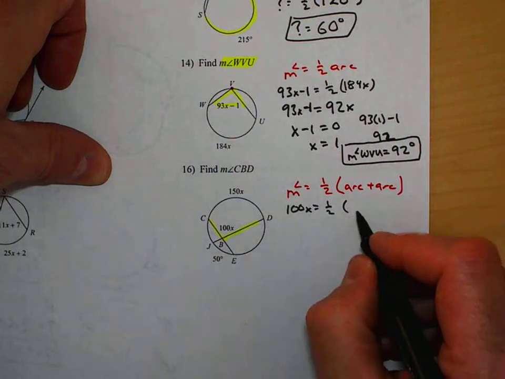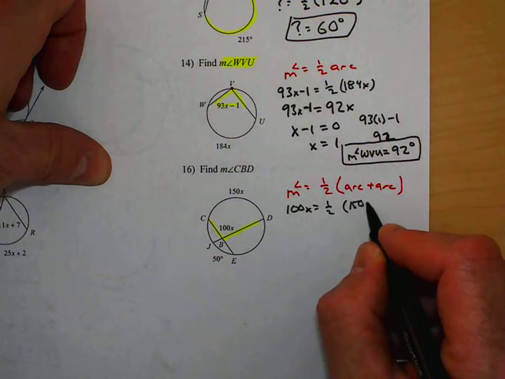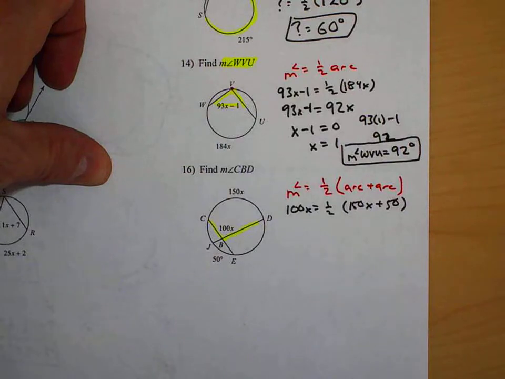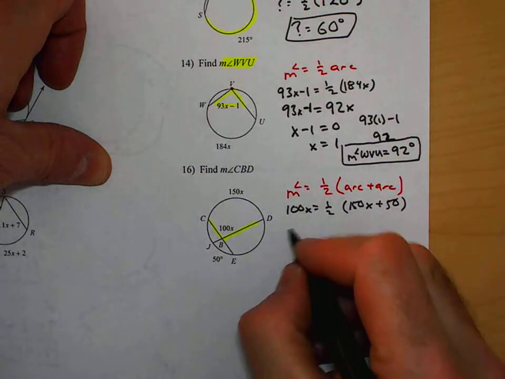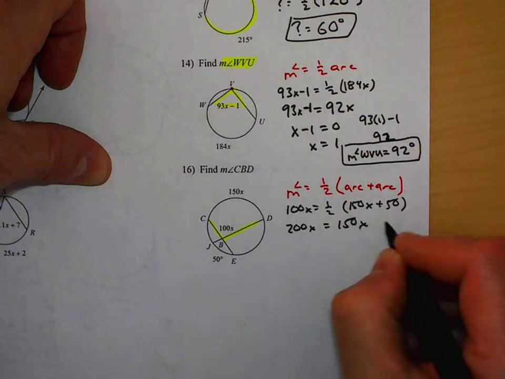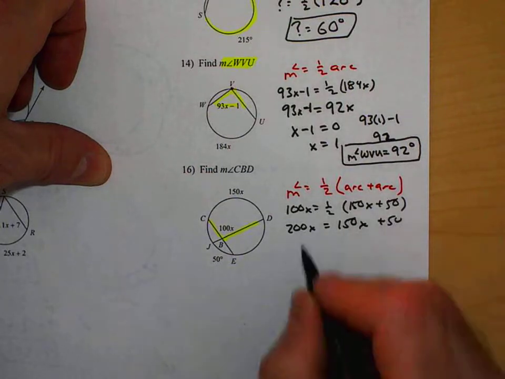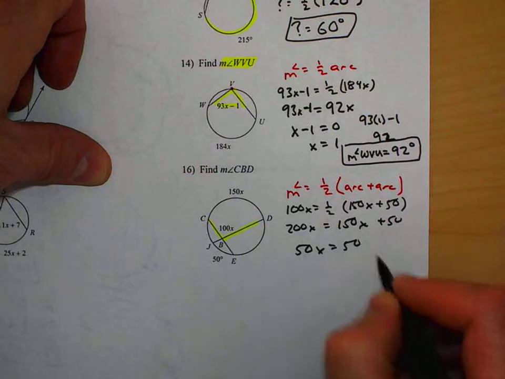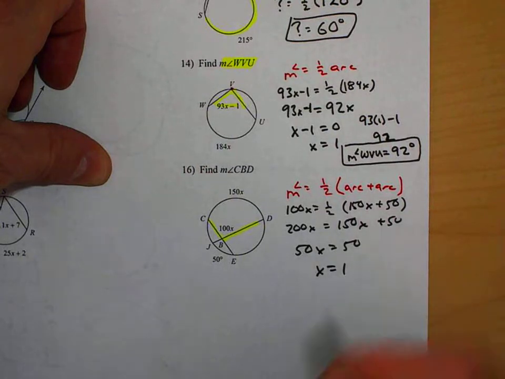Arc is 150x plus 50. In this case, I would double both sides. You get 200x equals 150x plus 50. Subtract 150x from both sides, you get 50x equals 50. Divide by 50, you get x equals 1.